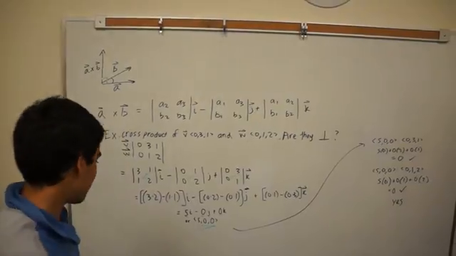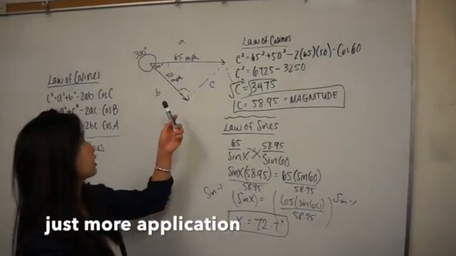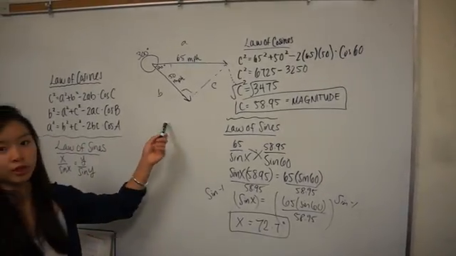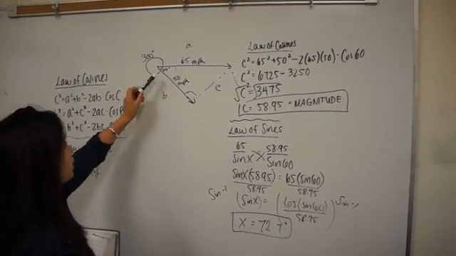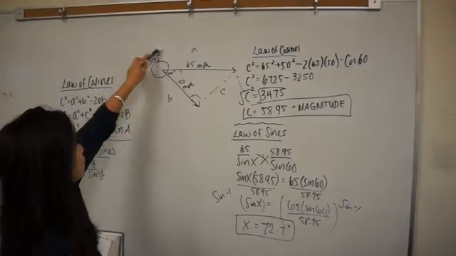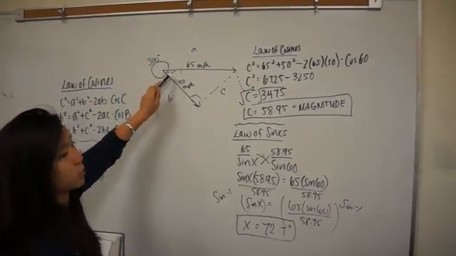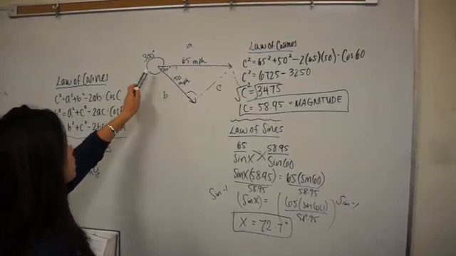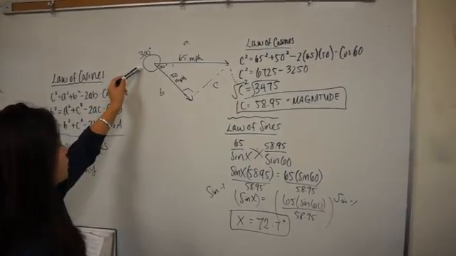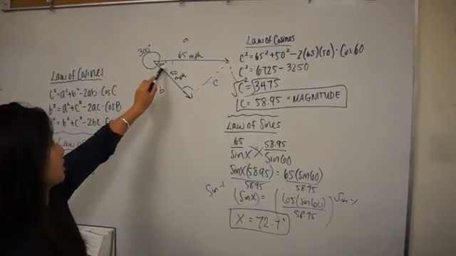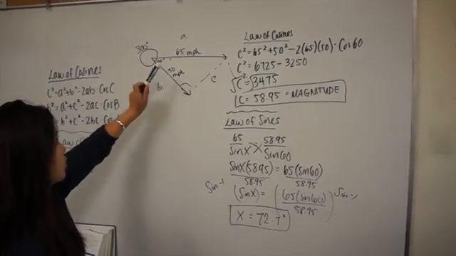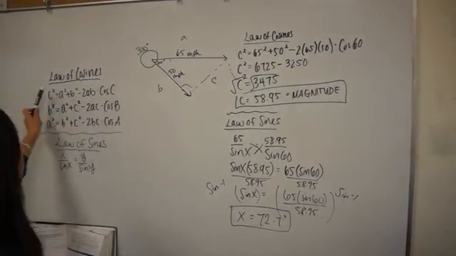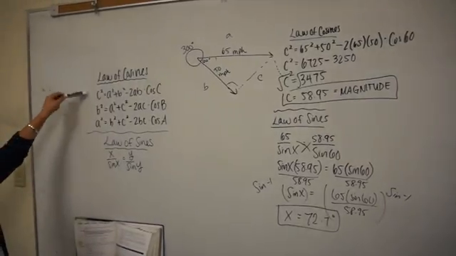Okay, I'm done. This is section 8.5, applications with vectors. To figure out this problem, they give you two sides and one angle that isn't actually the angle within the vectors. They give you the angle of 300, so that means that what has to be here is 60. Because you know the two sides but not the rest of the angles, you have to use the law of cosines, which is listed over here.